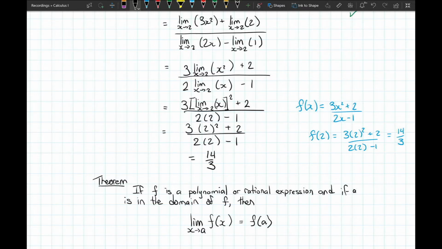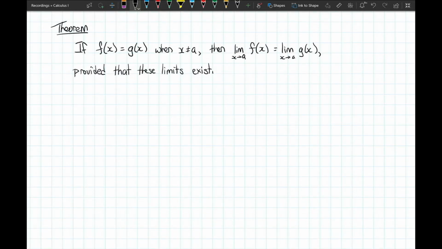Now oftentimes, and this comes up when we're looking at the tangent line problem, we are trying to take the limit of some variable as it approaches a value where the function is not defined. And then we might need another theorem that allows us to circumvent that problem. Now, this theorem works by taking a function f and a function g that are almost identical.